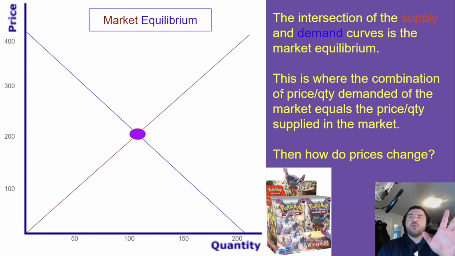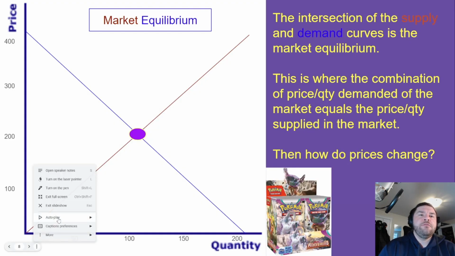So we've got supply, we've got demand, and this circle in the middle at the intersection is our equilibrium. We're going to just assume that at $200 a box, quantity supplied and quantity demanded are going to match up at around 105, 110 boxes.